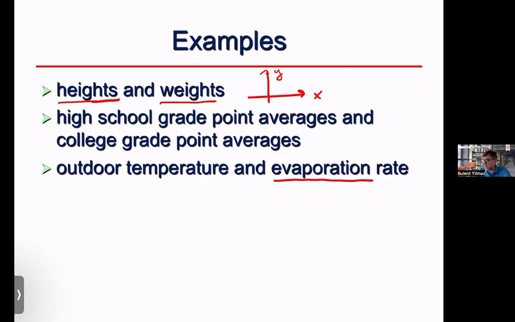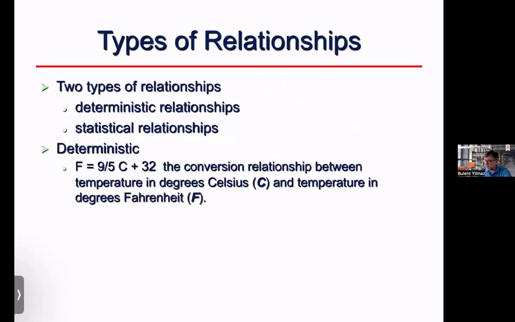For example, I have a conversion from Celsius to Fahrenheit. How do you go from Celsius to Fahrenheit? You know, 32 Fahrenheit is 0 degrees Celsius.